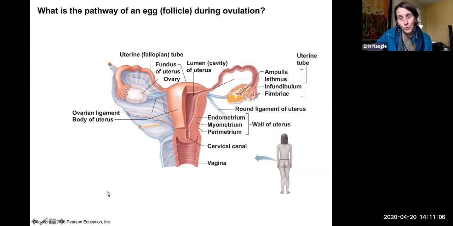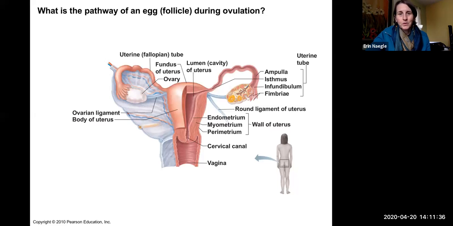But here, one thing to notice is the uterus has three layers to it. It has the outer layer, the perimetrium. Remember, like the periosteum, that outer layer is a connective tissue protective layer. This middle layer, the myometrium, is muscle. So this is the thickest layer of the uterus, and it is smooth muscle, which aids in the delivering of a child.